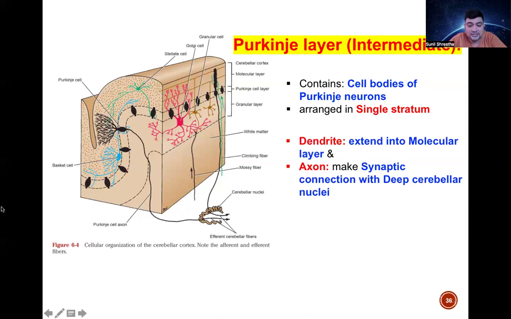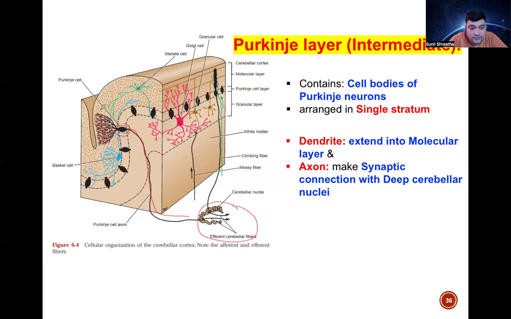And the dendrites of these Purkinje cells are all present in the molecular layer, and they make synaptic connections with the deep cerebellar nuclei.